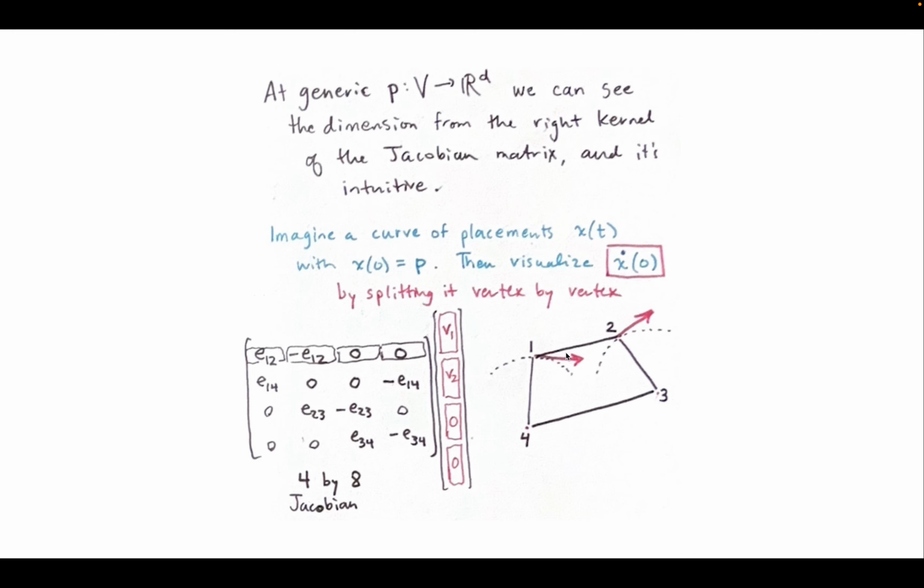For edge 1, 2, this v1 is going to multiply and dot product with the edge vector e1,2 and give a non-zero number. But because the other red one is exactly going to cancel it, it's also good on edge 1, 2. So if it's good on all the edges, first order accurate, we get this sort of picture of infinitesimal flexing of this framework. So that's actually pretty intuitive, the right kernel of the Jacobian matrix.